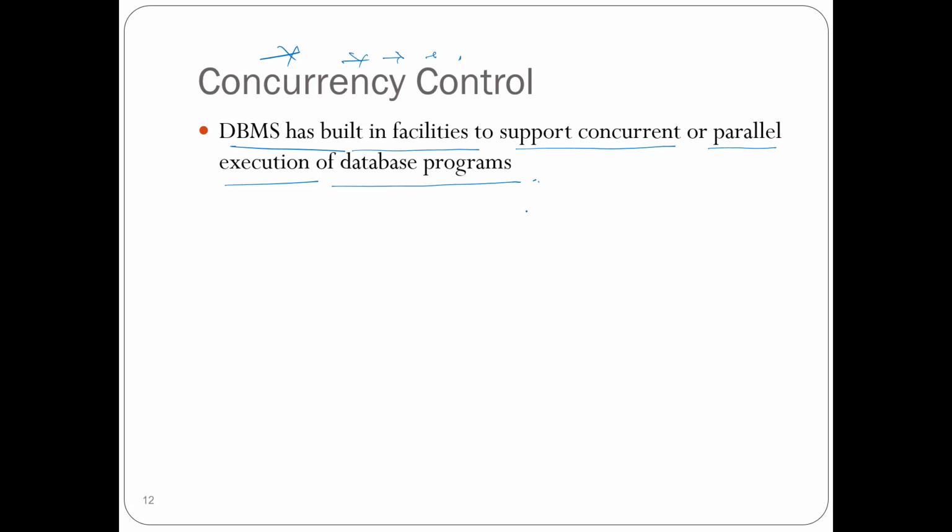Transactions here means the users making use of the database. I'm not using the technical transaction concept in databases at this point; I'm referring to the layman term. So the DBMS should provide support for concurrent or parallel execution of database programs, with multiple transactions, maybe hundreds, thousands, or even more.